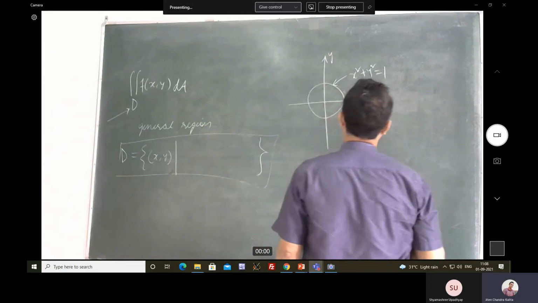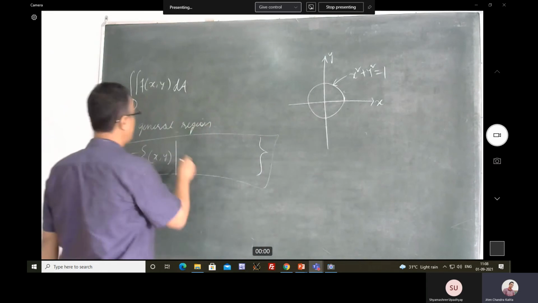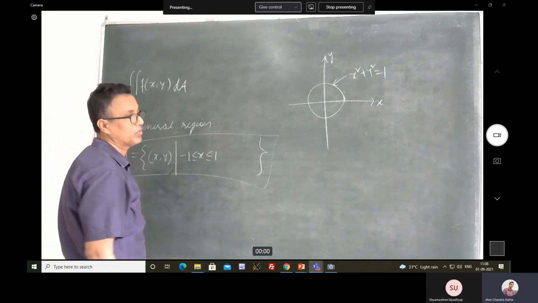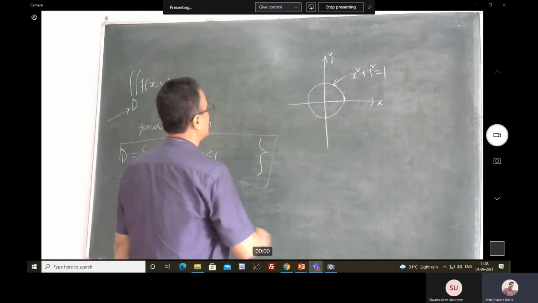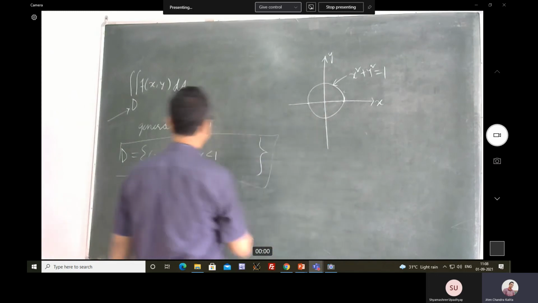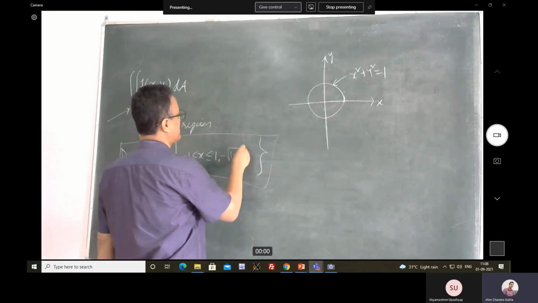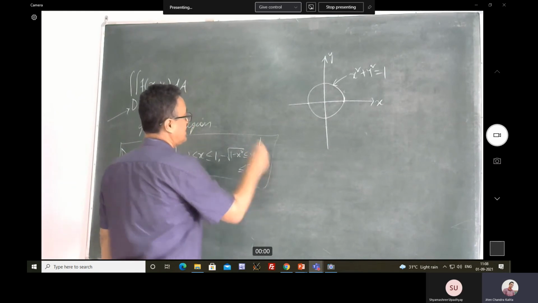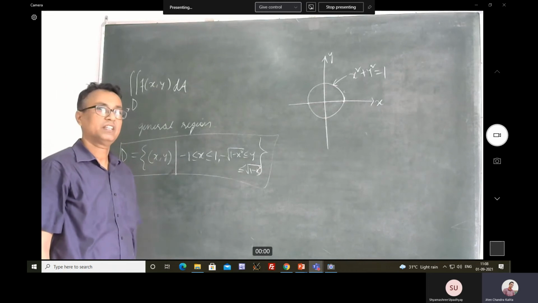Now if I want to express it in Cartesian coordinates, then it is going to be bounded by the graphs, I mean, square root of 1 minus x squared. It is going to be something like this, isn't it?